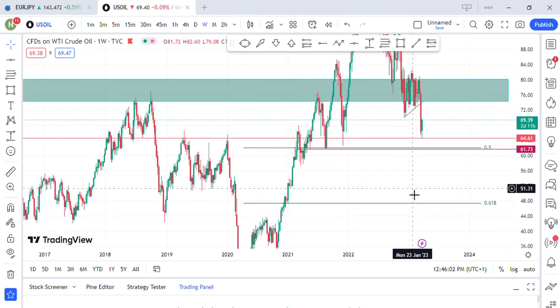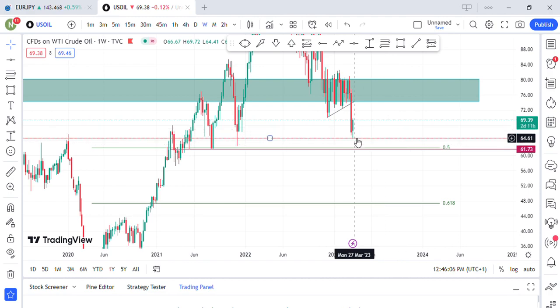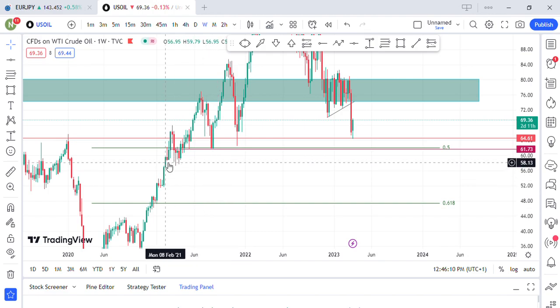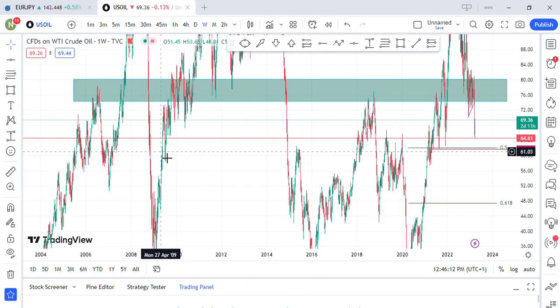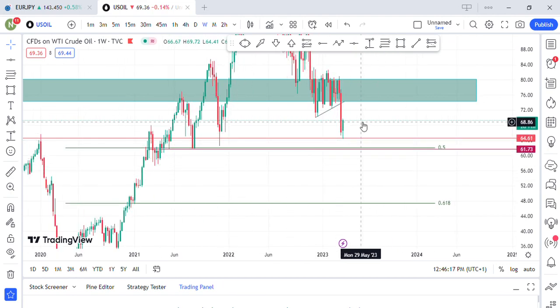When the market came here, this is like a reversal point in the market. A retracement didn't happen here. It happened around this zone, because this is actually a retracement zone in the market.